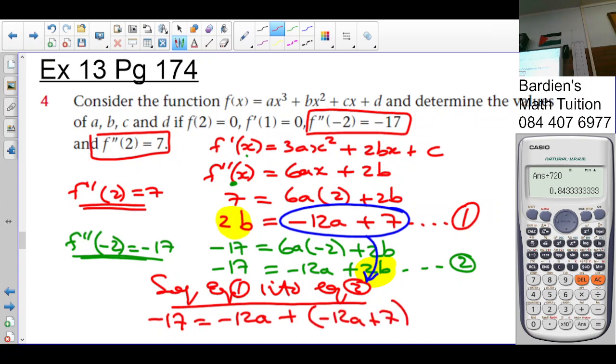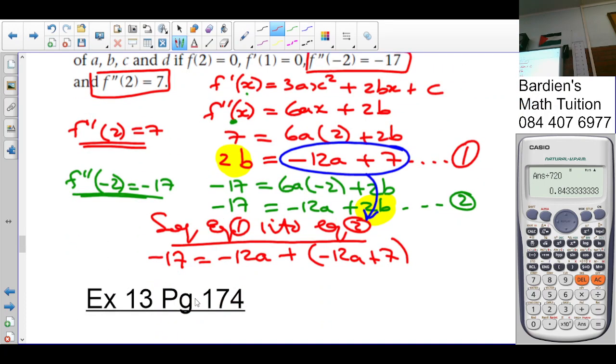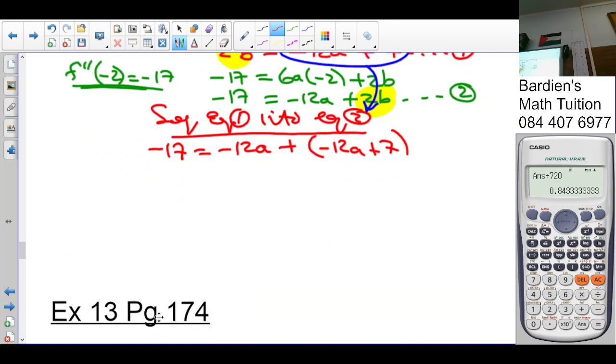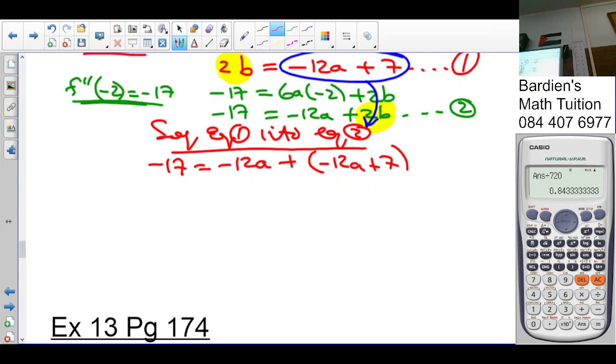Okay? So that now gives us negative 24a. The 7 you take over, because minus 7, which is negative 24. So a is equal to 1. So what do I do with this? I substitute a equals 1 into equation 1.